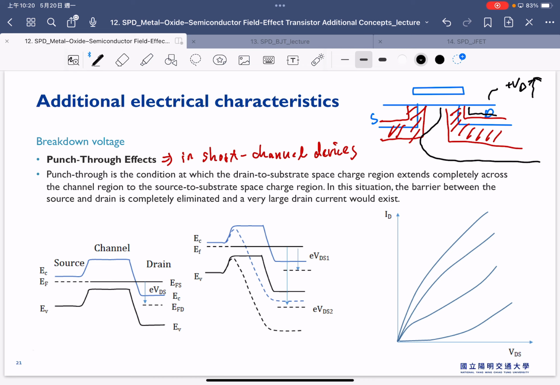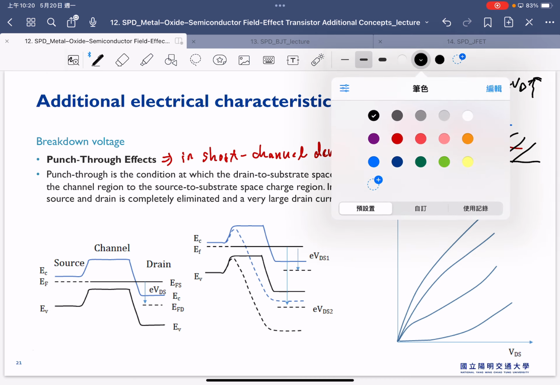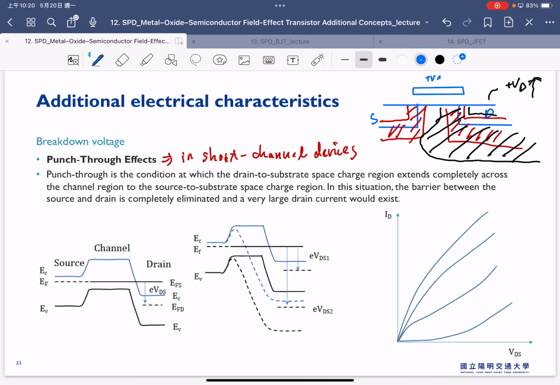So you can see now our depletion region has increased. But this is still under the case of VG at 0 volt here. That means there are no electrons in the channel, but our depletion region is already extending to the other side.